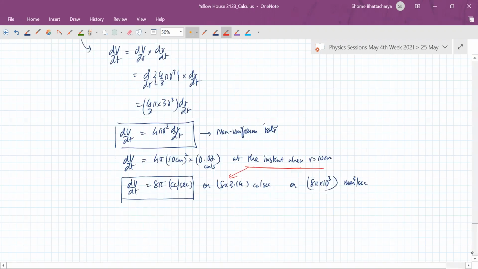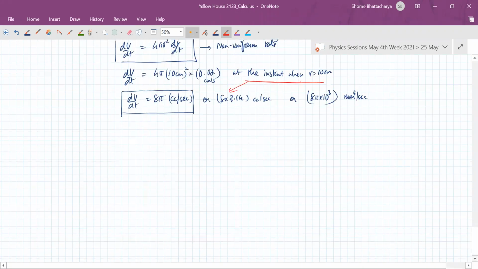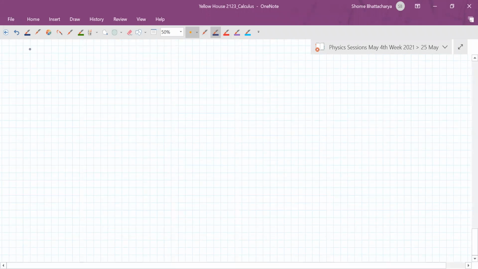Okay, now let's come to density. So I'm using the symbol rho for density. That is a standard symbol that we use in various chapters in 11th physics. So that's why I'm using that. So density is equal to mass per unit volume.